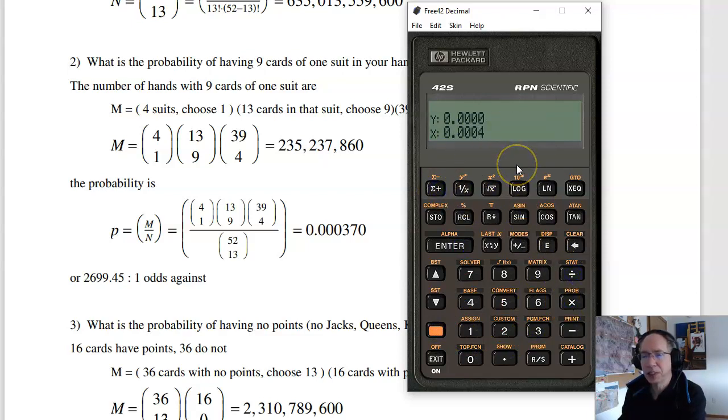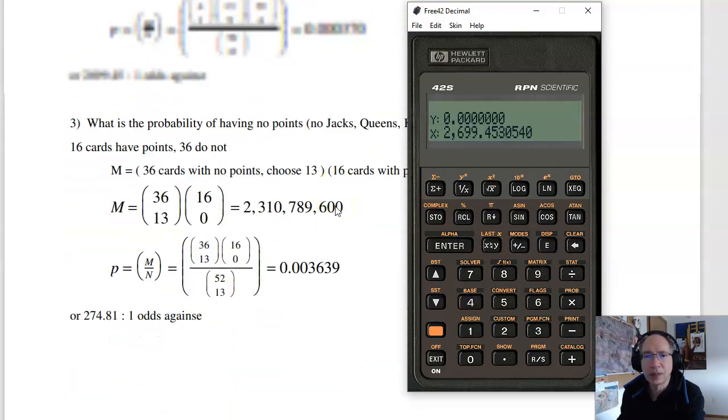Take the ratio, that's the probability. If we give it more decimal places, display fix 07, there's a 0.0003704, or take the inverse, 2,699 to 1 odds against.